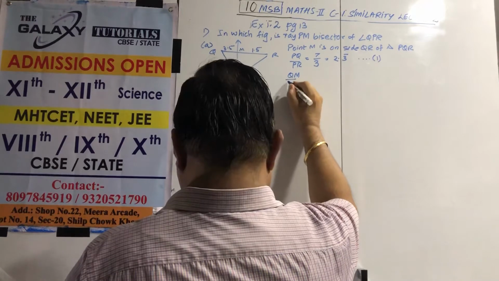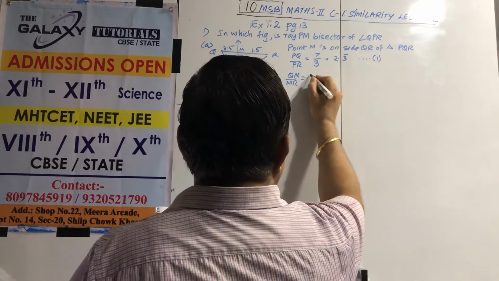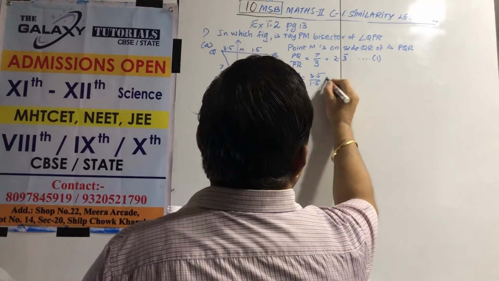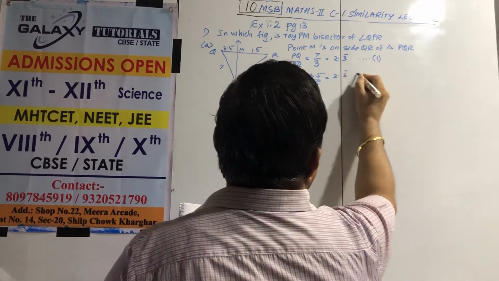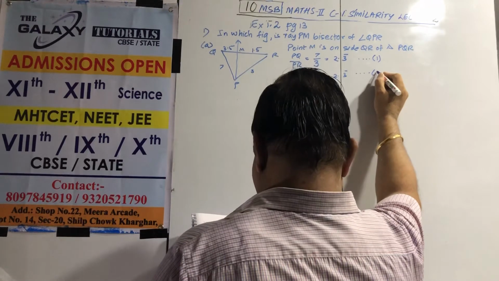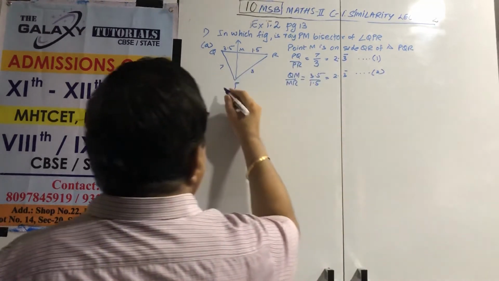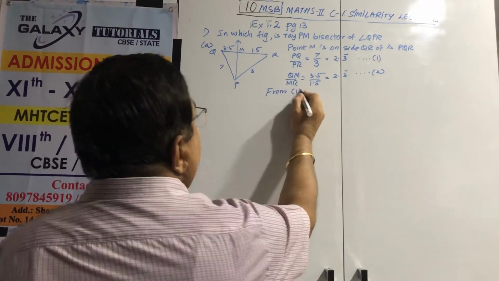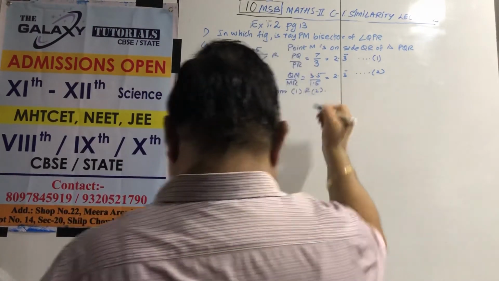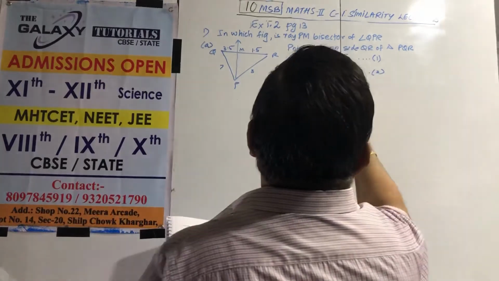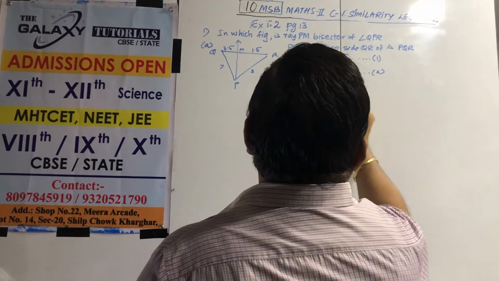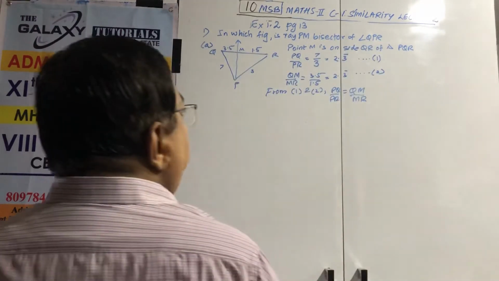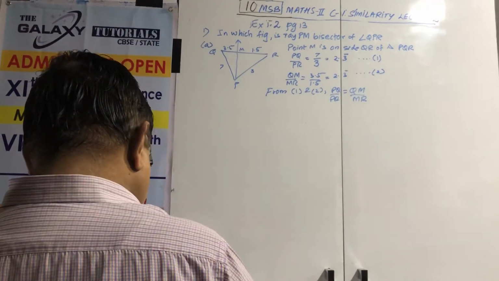QM upon MR is equal to 3.5 upon 1.5. That is equal to 2.3 recurring. That is number 2. From 1 and 2, we get PQ upon PR is equal to QM upon MR. 2.3 recurring we get.